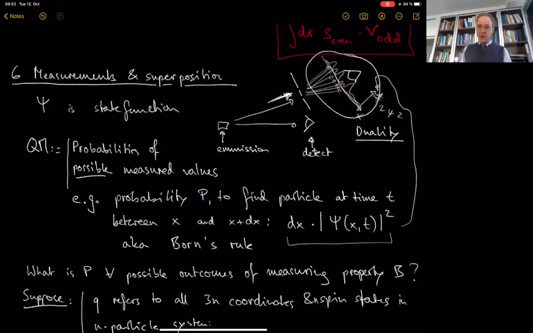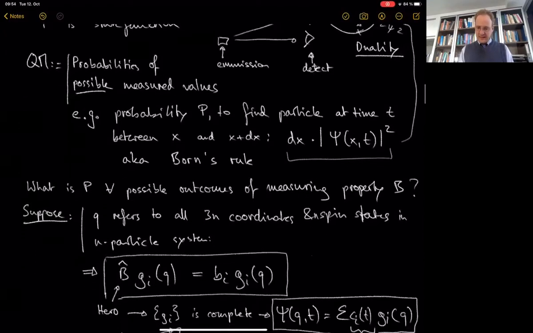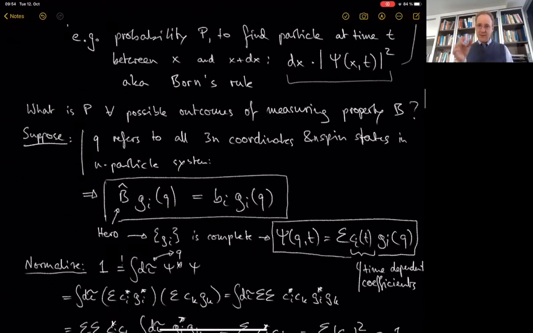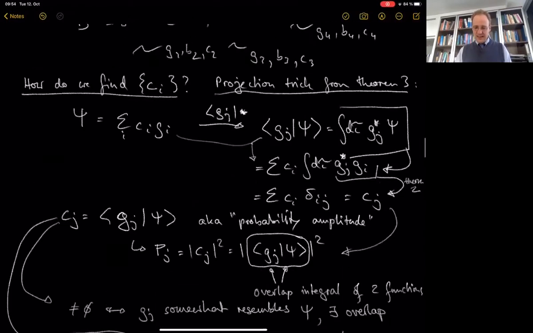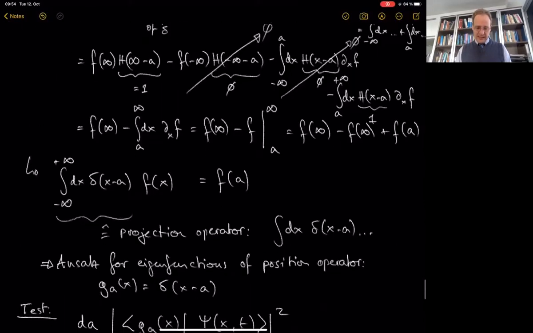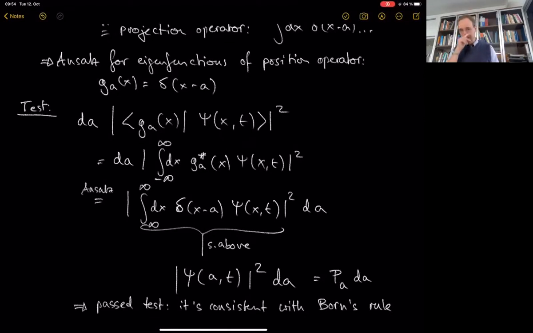This is a probability, also known as Born's rule. We started talking about probability for this reason, and then we derived the framework of how to do this with these probabilities. And now you see this applied, and we tested to see if for the position eigenfunctions we can recover Born's rule. So we've recovered Born's rule. It's consistent.